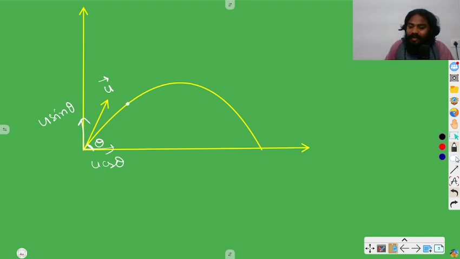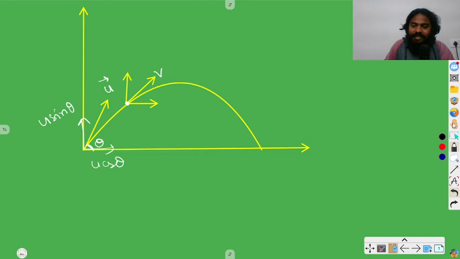At this point, what is the velocity? This is the velocity, this is v at this point, and this v can split into two components, vx and vy.